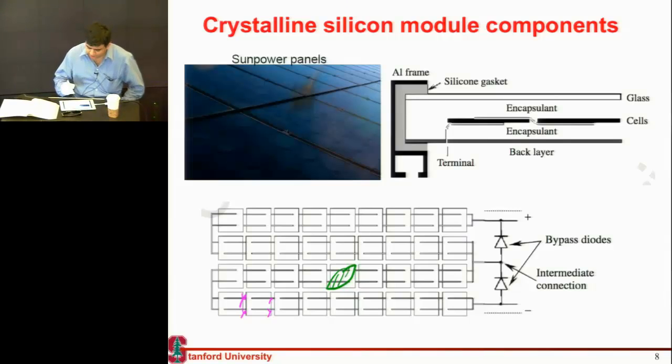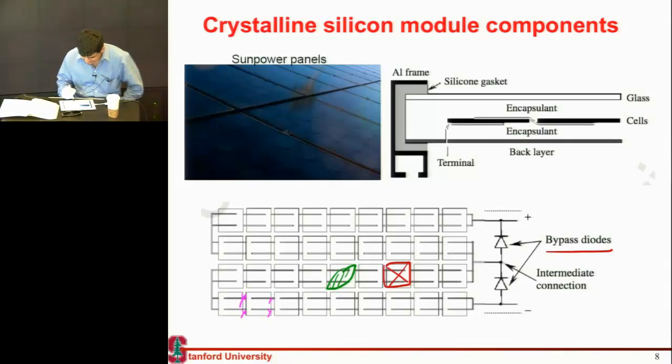Or there's some soiling effect such that one of these cells is covered, and now it's no longer conducting current. If a lot of them are connected in series, you'll have no current flowing throughout the whole panel, or your voltage across this whole panel will shoot up quite a lot. So to avoid that, the technique that is used is you connect a bypass diode.